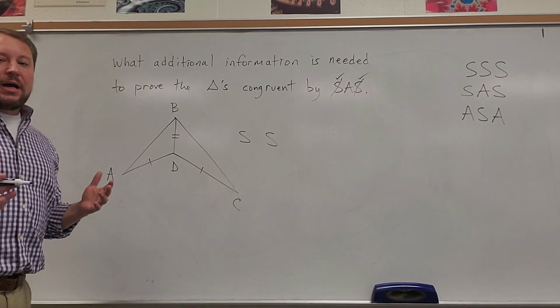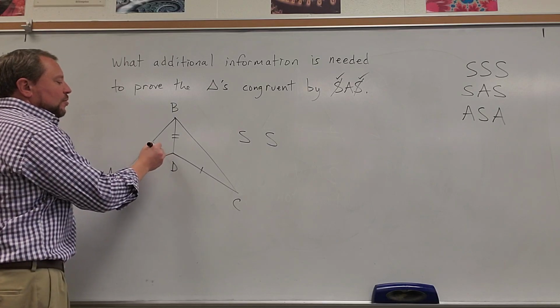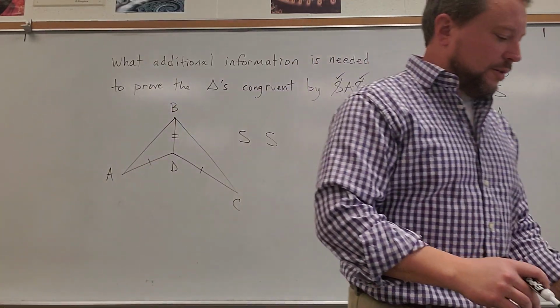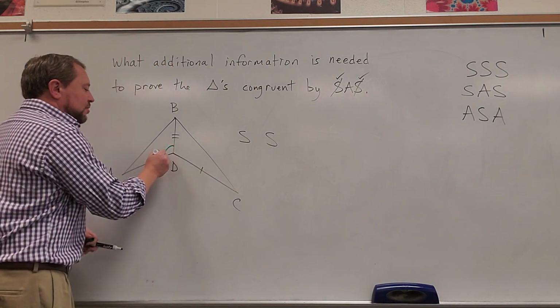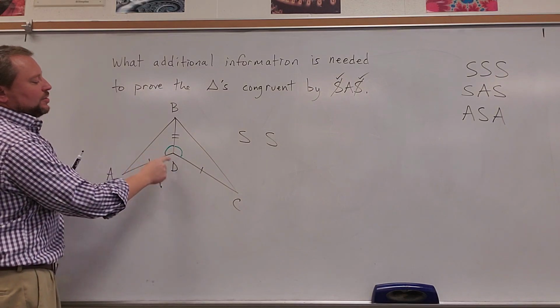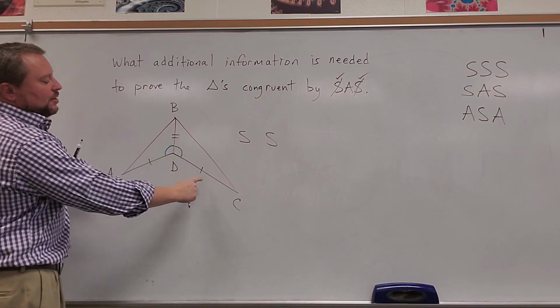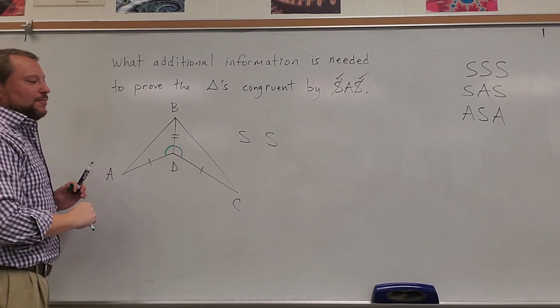So if I show it by my markings up here, the angles I'm looking for then would be, and I'll use a different color here, this angle and that angle. Do you see how those are the angles that are in between those sides? So I'd have SAS, these two sides forming that angle.